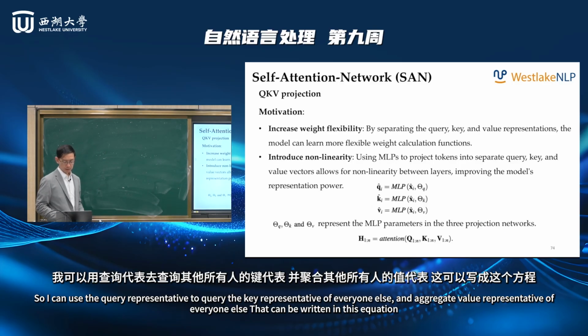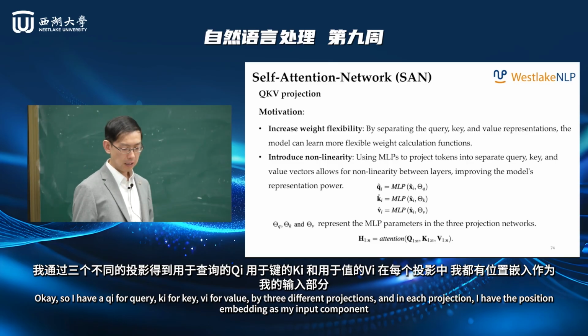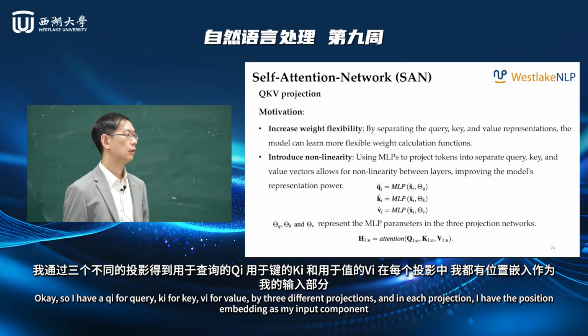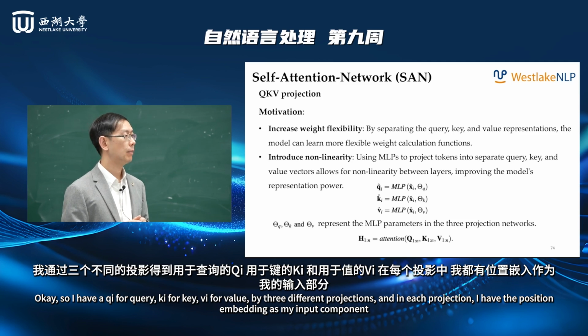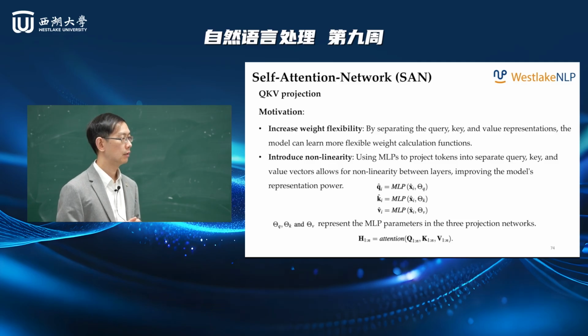That can be written in this equation. So I have a Qi for query, Ki for key, Vi for value, by 3 different projections. And in each projection, I have the position embedding as my input component.